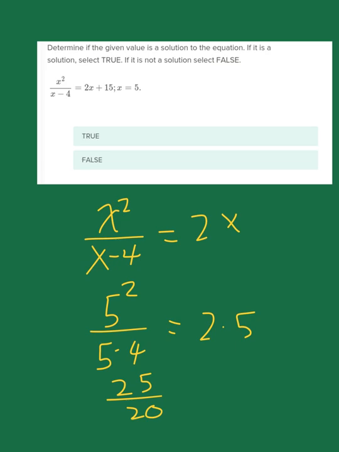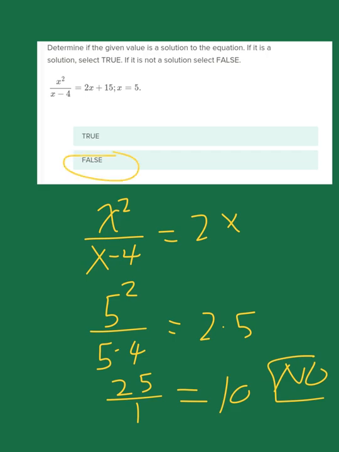This should be 5 minus 4. 5 minus 4 is uno, or 1 in German. Does that equal 2 times 5, which is 10? The answer to that is no. They are not equal. So the answer here would be false. 5 is not a solution.